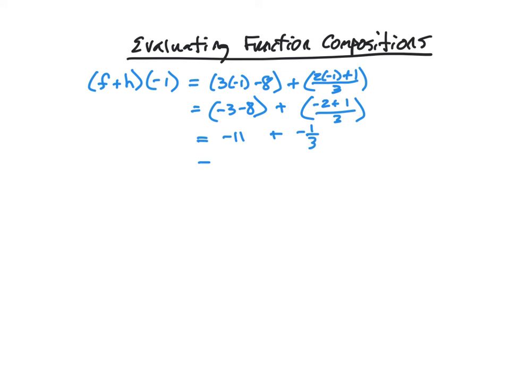Now I have to do that fraction math with a common denominator, so that ends up being -33/3 minus 1/3. -33 minus 1 gives me -34/3. And that would be our answer of evaluating that composite.